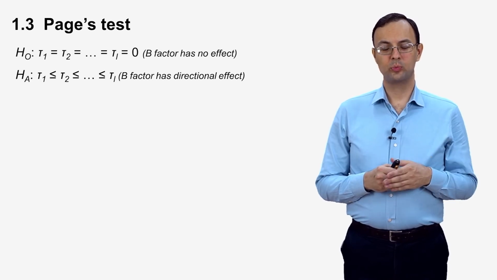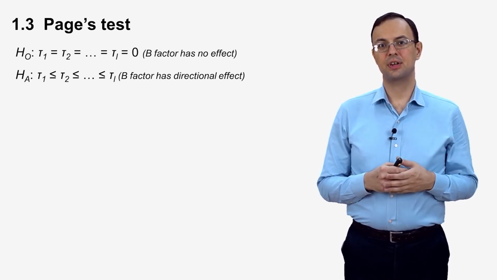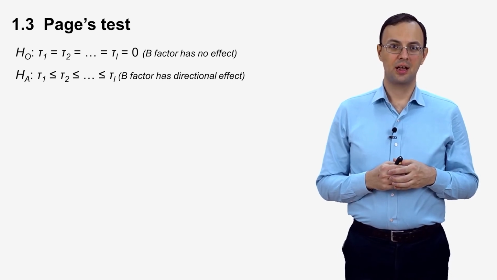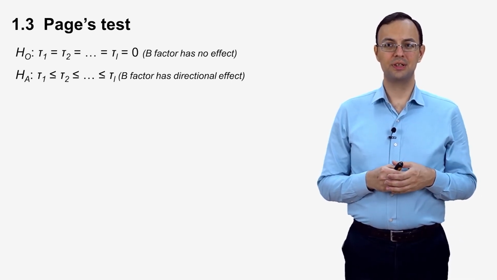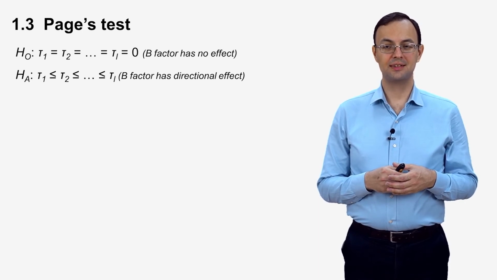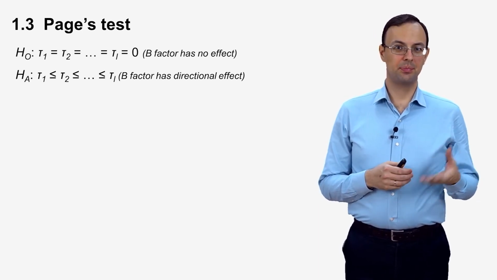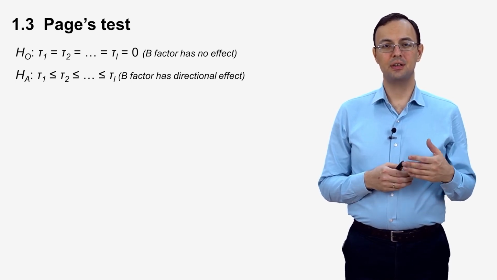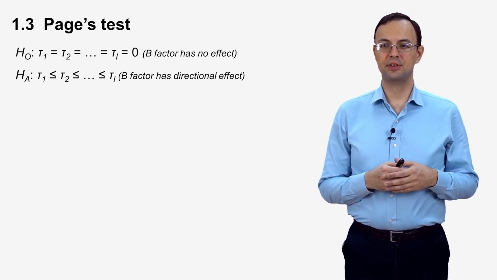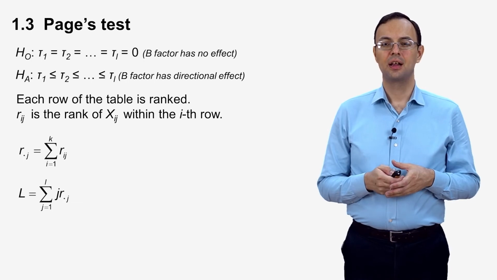And when we want to test the hypothesis that the factor has a directional effect in two-way ANOVA, we use Page's test. So the null hypothesis is that the B factor has no effect. The alternative one is that the B factor has a directional effect.